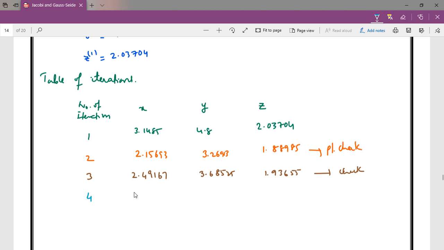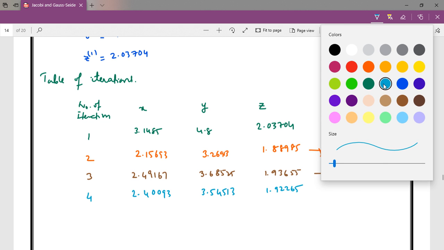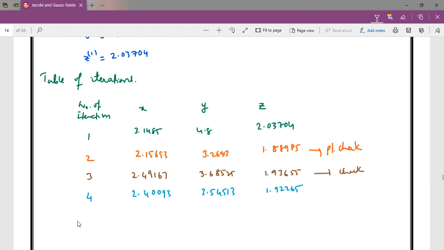This is a routine task, you carry out the iterations. In the fourth iteration, x is 2.40093, y value will be 3.54513, and z value will be 1.92265.